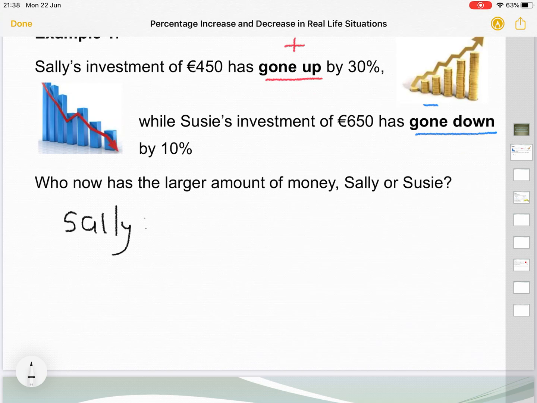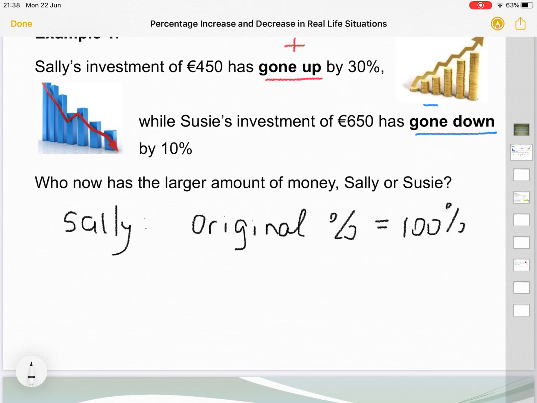And remember that we must find the new percentage first. Now, the original percentage, boys, is always the 100%. It increased, gone up.